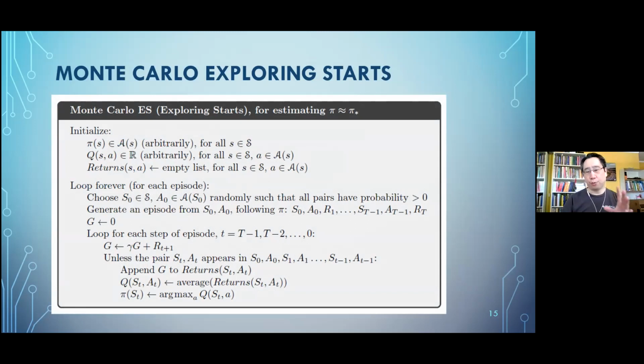So the first algorithm we're going to look at is Monte Carlo. At a high level, this one is fairly easy to explain, though when you actually implement it, there are a bunch of details. At the high level, the Monte Carlo algorithm says, if it's a game or whatever, assuming it's episodic, just go and play it a bunch of times.